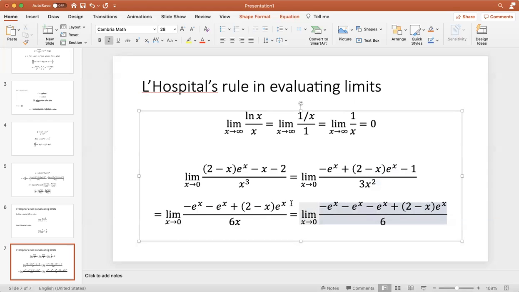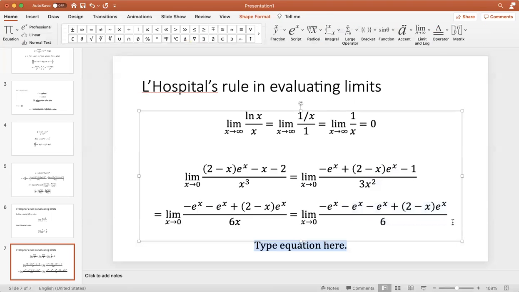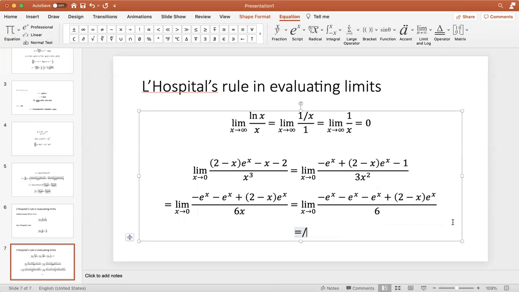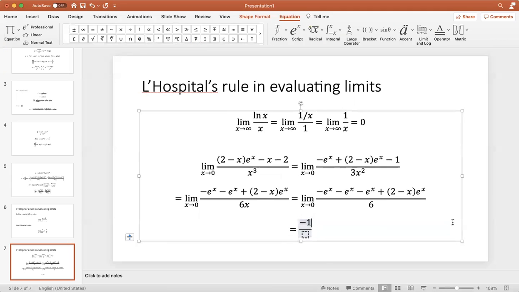Of course, you cannot use L'Hopital's rule anymore because the denominator is now non-zero. So all you need to do is just plug in 0 across all of these expressions. So you'll get 1, negative 1 minus 1 minus 1 plus 2, over 6.